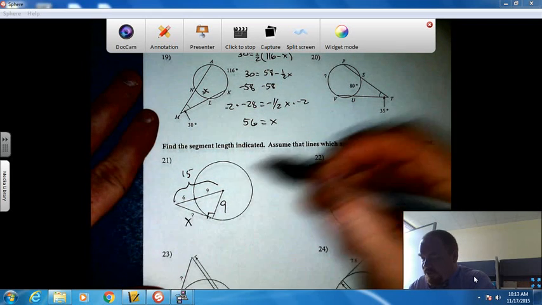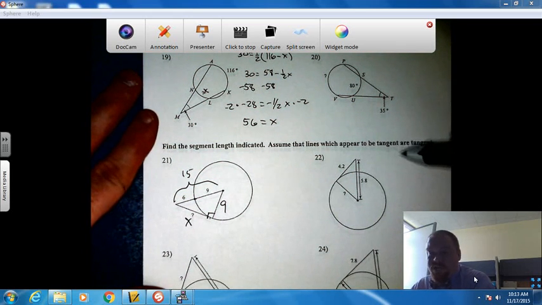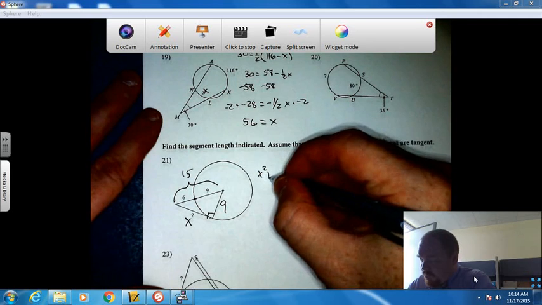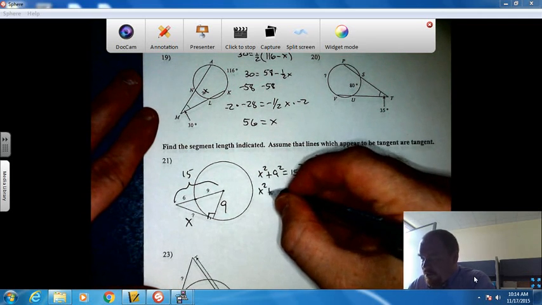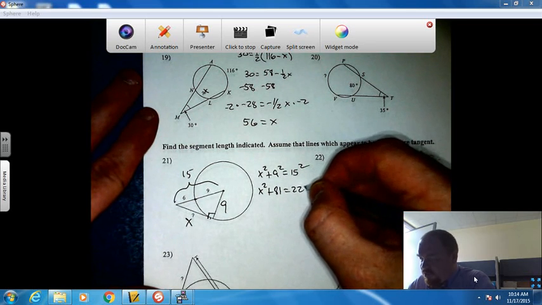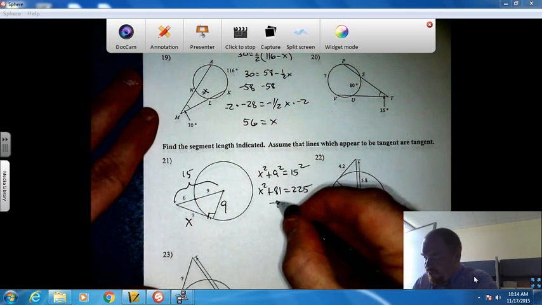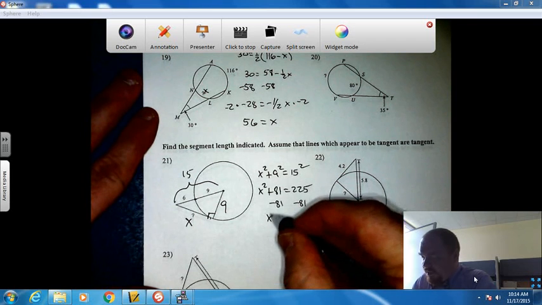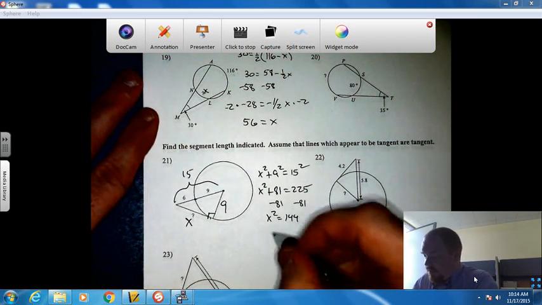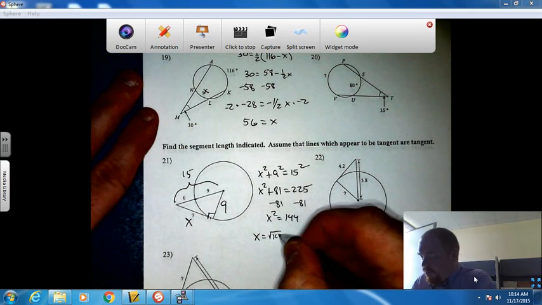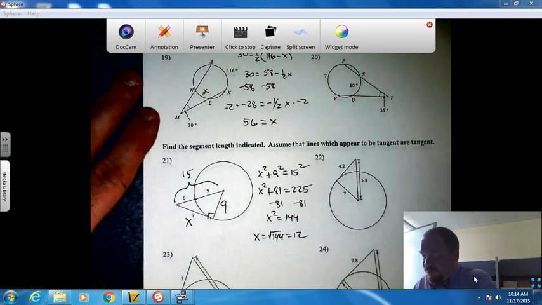I'm going to generically call this x, and I'm ready to roll. x squared plus 9 squared equals 15 squared. x squared plus 81 equals 225. Subtract 81 from both sides. I get x squared equals 144. And I know that x is the square root of 144, which is 12.